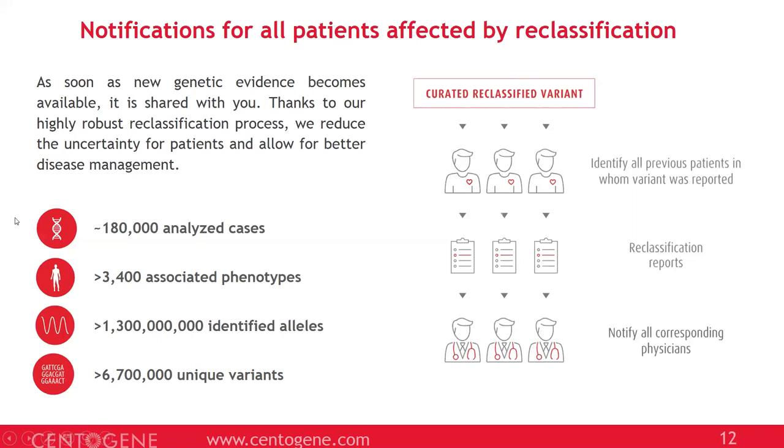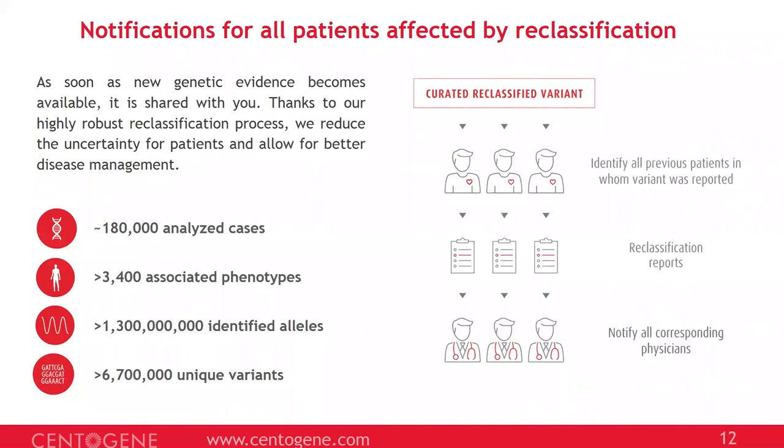So once a variant is reclassified and approved by medical experts, we proceed to identify all the patients where the variant was reported. We issue for all of them reclassification reports to the corresponding physicians. In this manner, we bring our current understanding to our partners in a proactive manner.